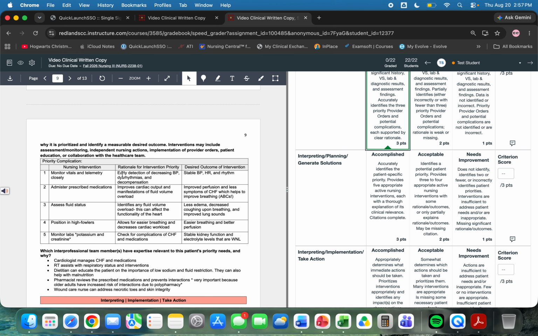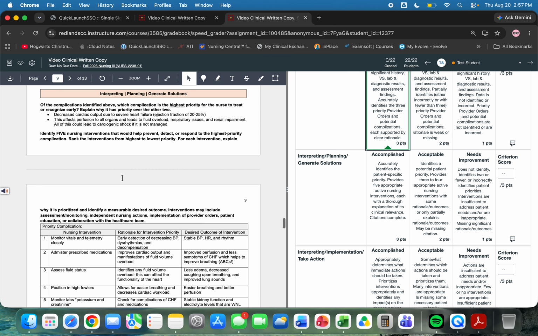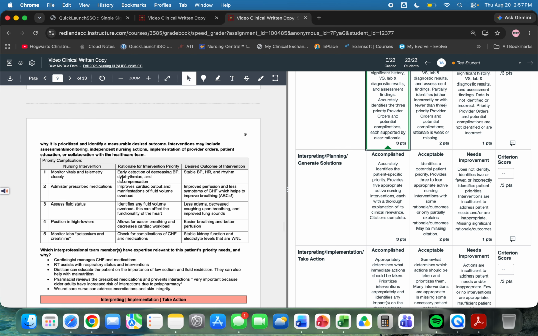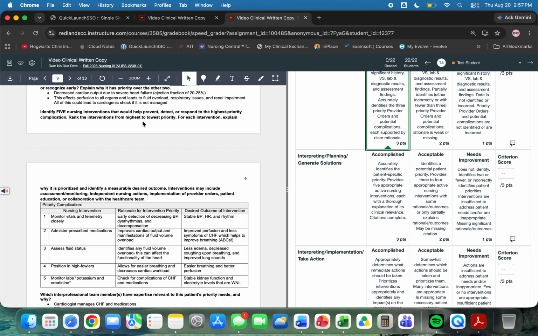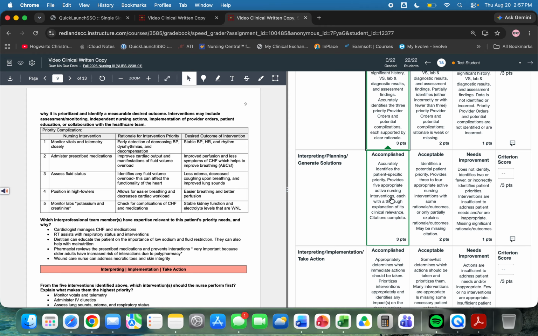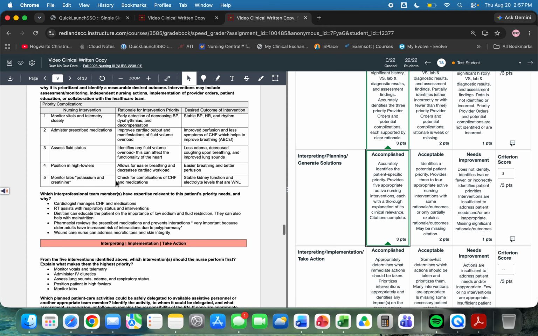So again, if her priority problem is an EF of 20, but her nursing intervention is, oh, I'm going to Q2 turn my patient, again, those are important, but what we're asking is for them to really identify the interventions that go along with the priority issue. So making sure that they identify that, which she did a really good job of.